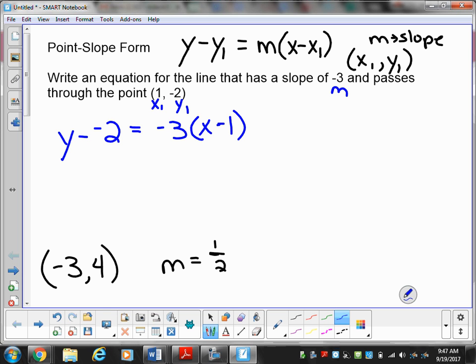Now, everything on there, the -2 came from right there. The -3 came from right there. And the 1 came from right there.